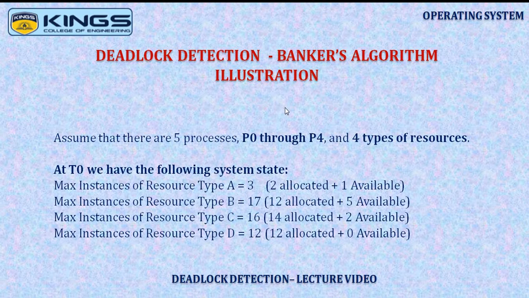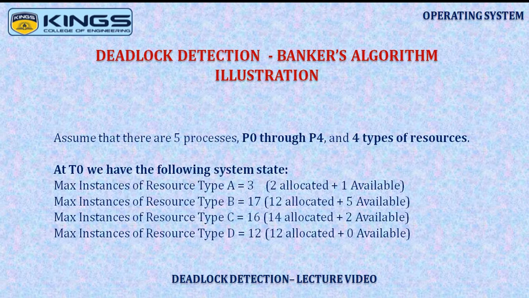So here the problem is, the given processes P0 through P4 are in need of some resources to do their task. If the resources are granted to the processes in a correct order, the processes will be doing their task and completing.